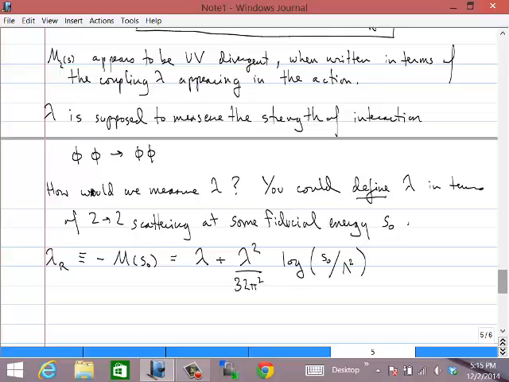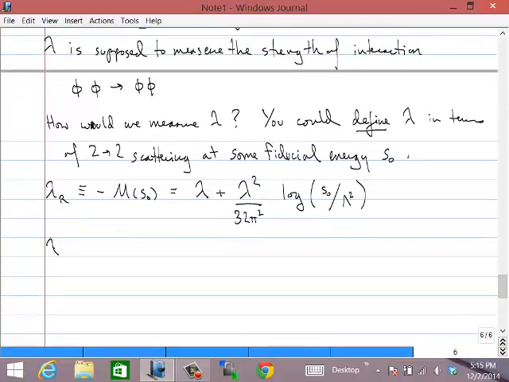Good. Let's go ahead and think about what the implications are of this novel way of defining your coupling constant in terms of physical observables. Essentially what we're saying is that the lambda that appears in the Lagrangian is usually known as the bare coupling, and that is unobservable.